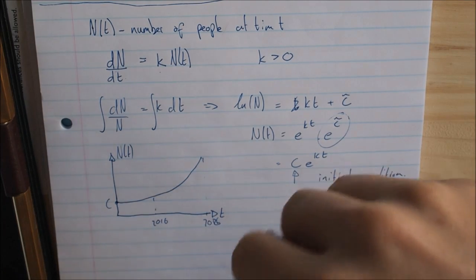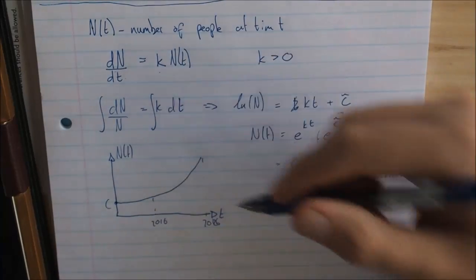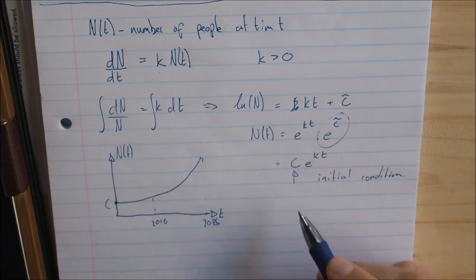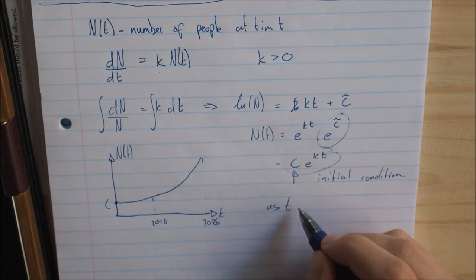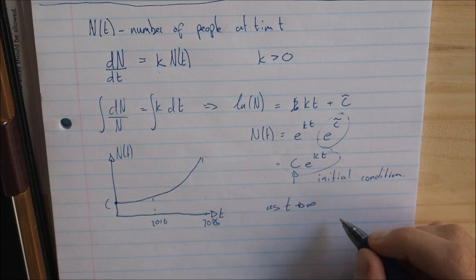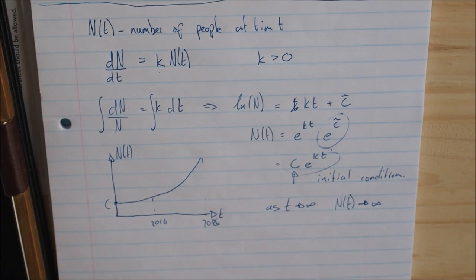Will it stop? If this carries on, what will the model tell us? Well, we can see from this function here, as t tends to infinity, or as t is large, the number of people tends to infinity. And we know this isn't the case. So there must be some kind of slowing down effect that we need to take into account.